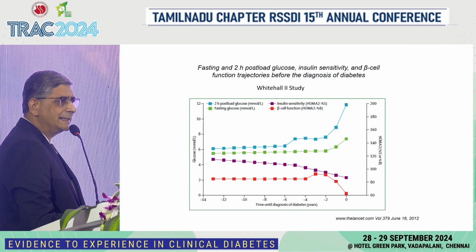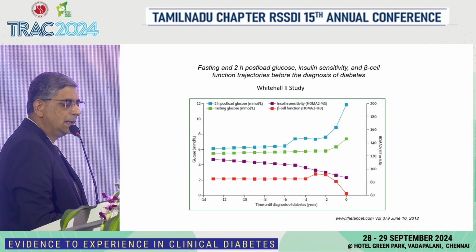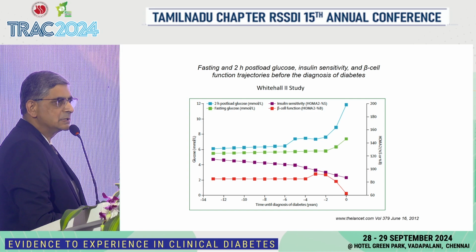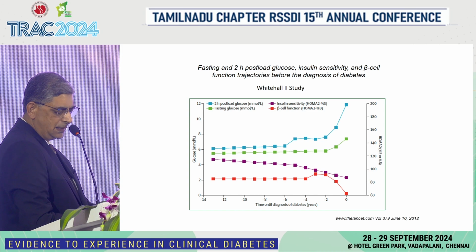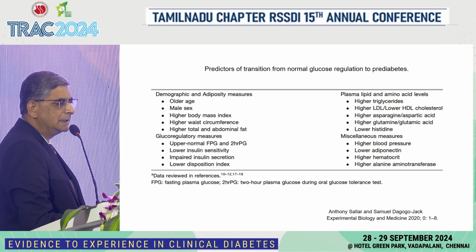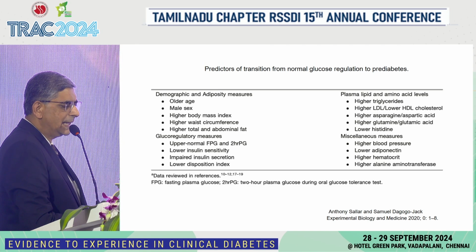The Whitehall study tells us that the risk for diabetes starts much earlier in life, and if you look at the entire life course of an individual, you find that almost 5 years before the onset of diabetes, the patient has already started showing evidence of progression to diabetes. And here are some of the early predictors of transition from normal glucose regulation to prediabetes.